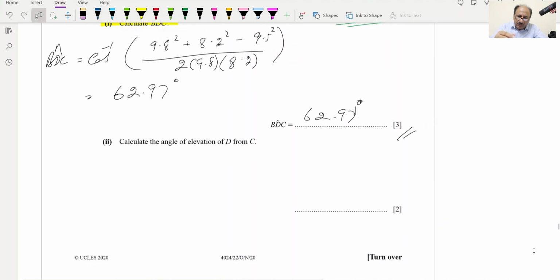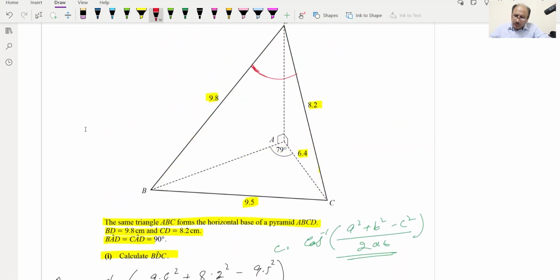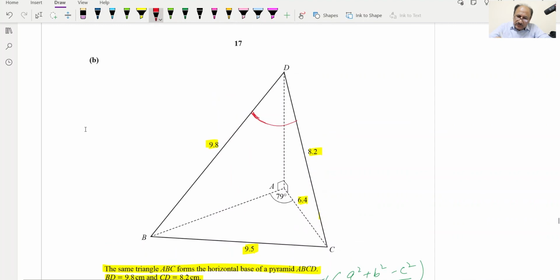Now calculate the angle of elevation of D from C. Angle of elevation of D from C, we need to identify. So this is D and this is C, so this angle we are looking for. For this angle we require angle DCA.